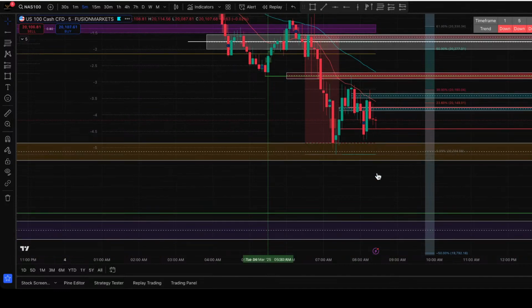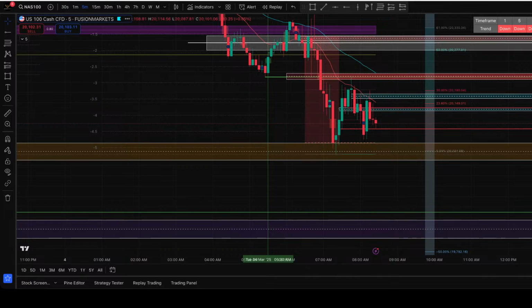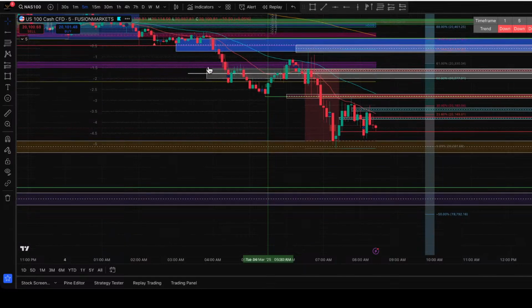Still have a strong bias to the downside. So remember, when you have a New York session that's this much lower than London, then you've got to trust all the levels that are presented by the spotlight indicator.